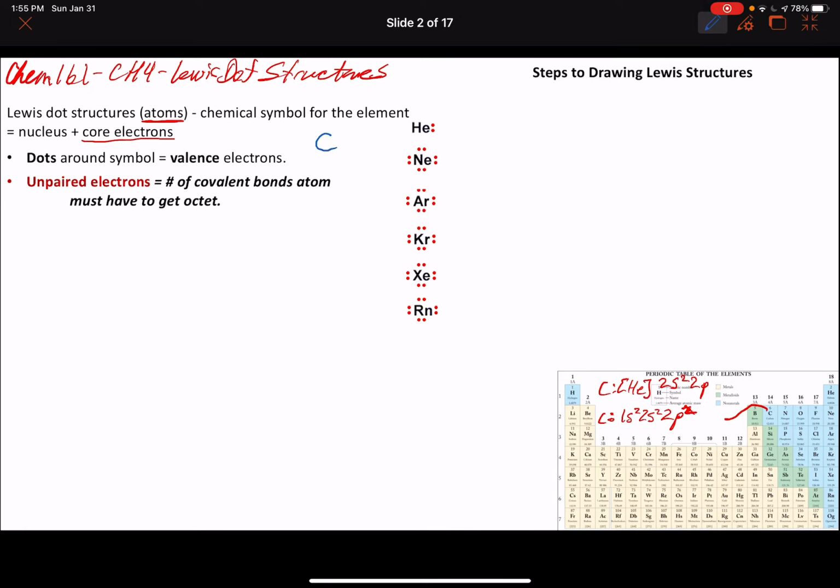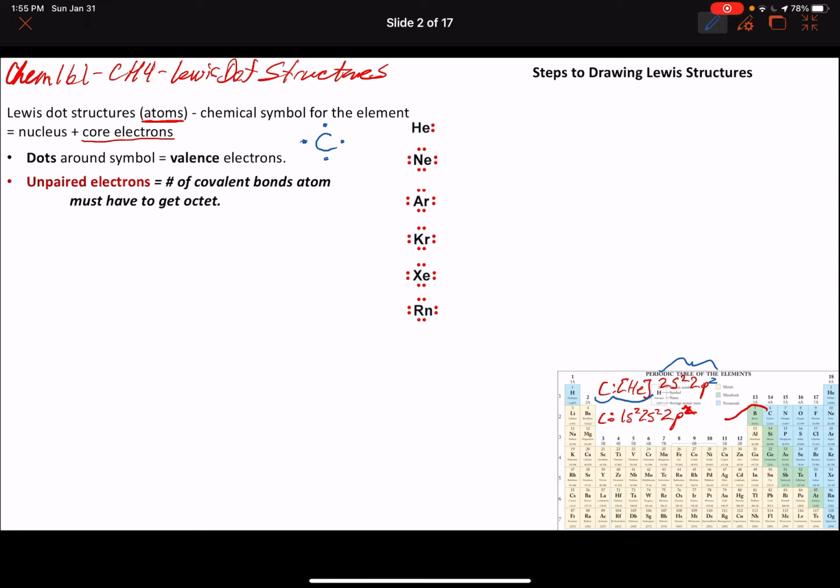Just by listing capital C for carbon, we've included the element identity and the core just by writing the letter C. Now the 2p2, 2s2, those valence electrons need to be populated around the symbol with fourfold positioning. So we put them top and bottom, left and right.